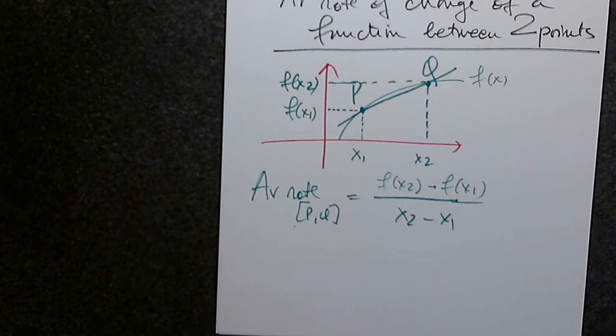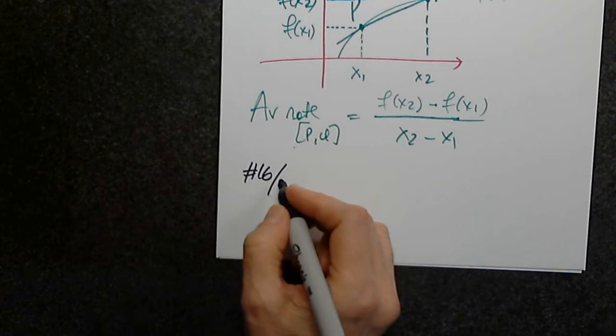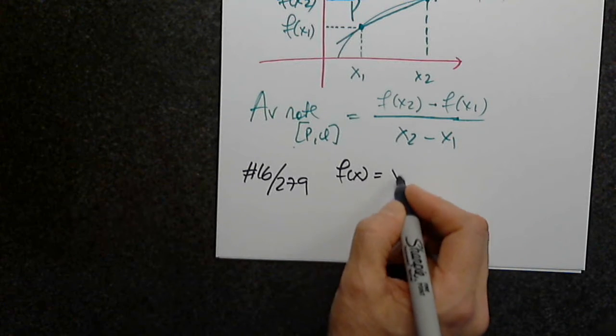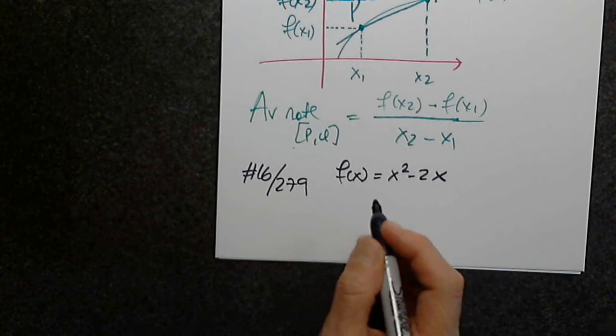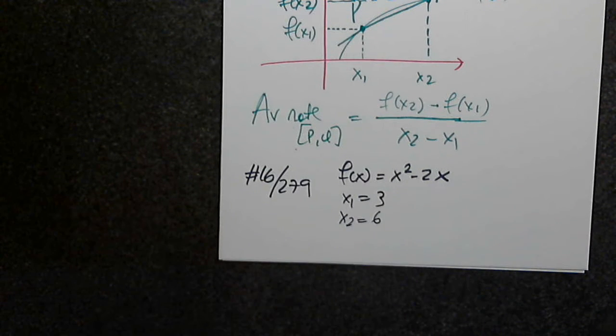So let's look at the function, problem 16 on page 279. We have f of x equals x squared minus 2x. We are given x1 equals 3 and x2 equals 6.